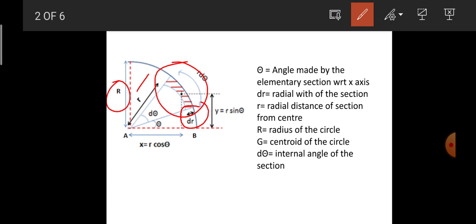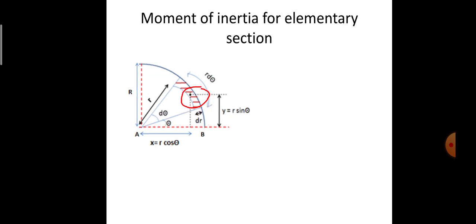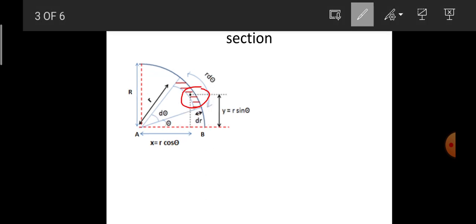quadricircle, and d theta represents the angle subtended by the elementary section. The angle made by the elementary section with reference to the x-axis is considered to be theta. Now I have considered the elementary section, wherein this dot represents its centroid.